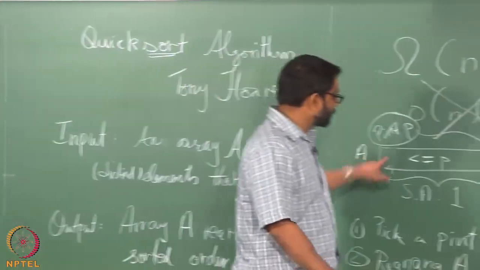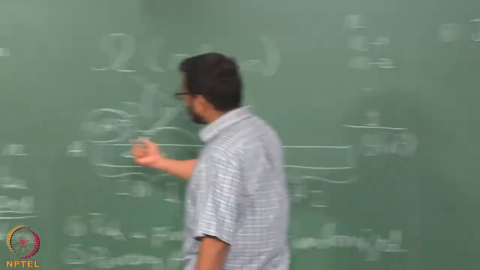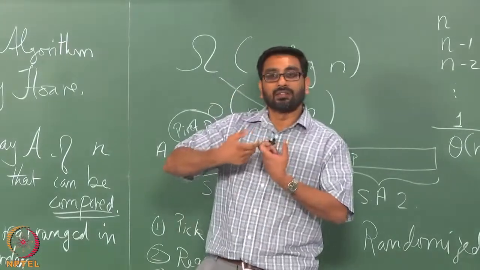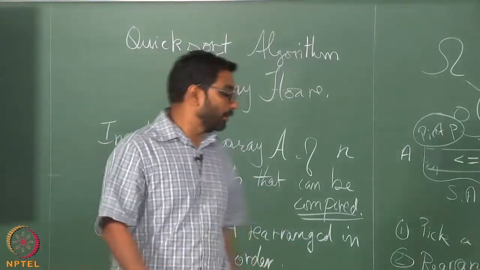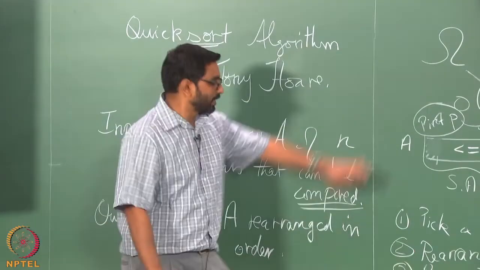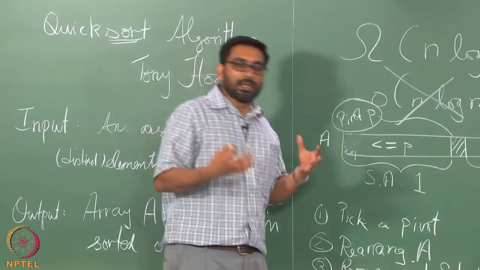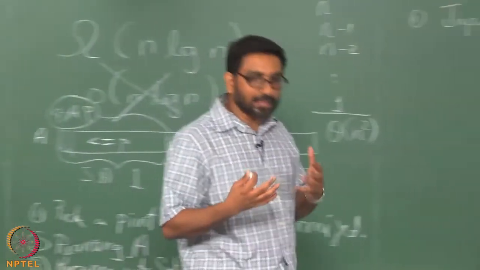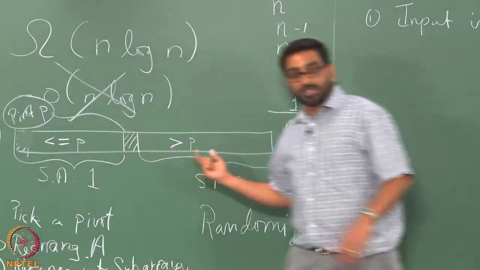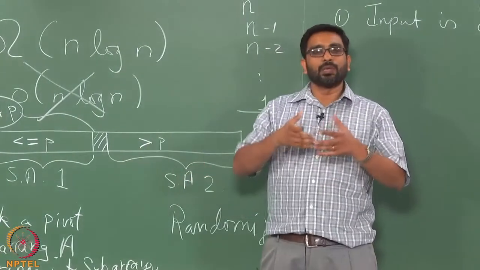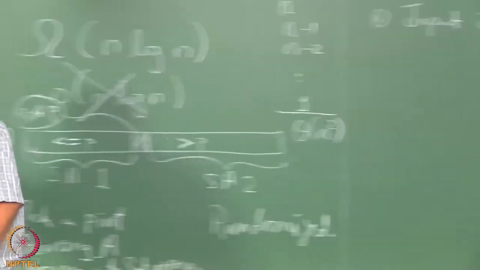Well, when the first pivot is chosen, it's going to be very low probability that it will be the one pivot that does a really bad job of splitting the problem size into two subproblems. So the pivot is likely to be somewhere in the middle, and if the pivot is likely to be somewhere in the middle, then the two subproblems that we will get will be of roughly equal size. Okay, and that is significantly helpful.